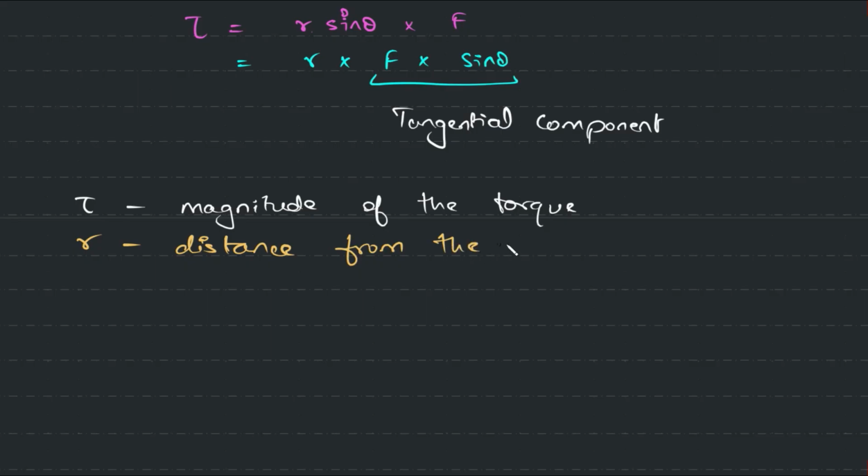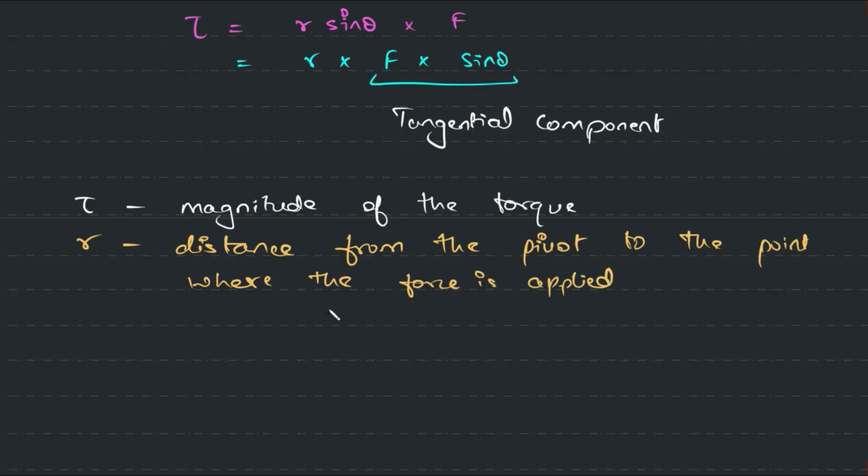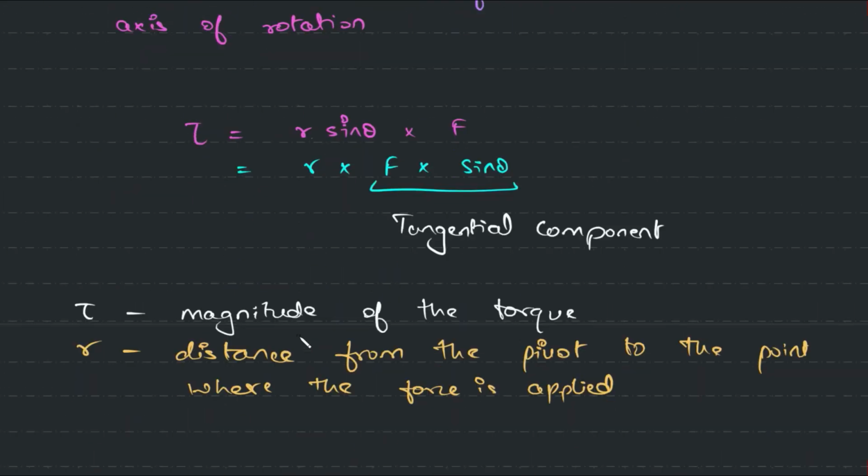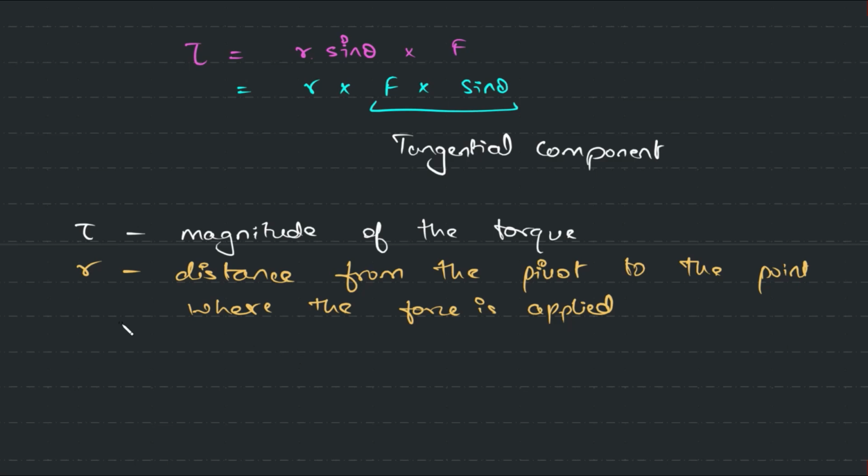How far away you are from the pivot, where the force is applied, is important. So this length plays a role. Larger the value of R, better it is for us.